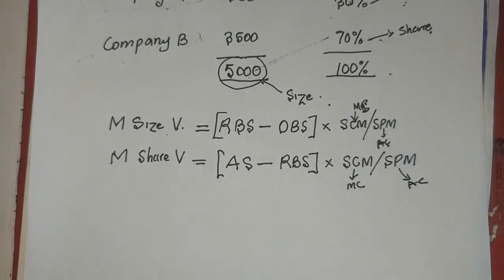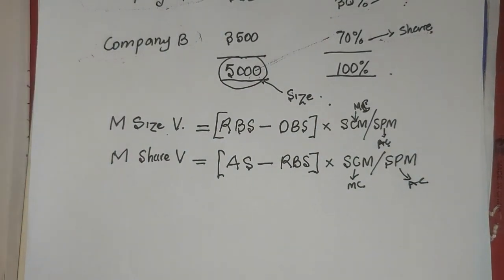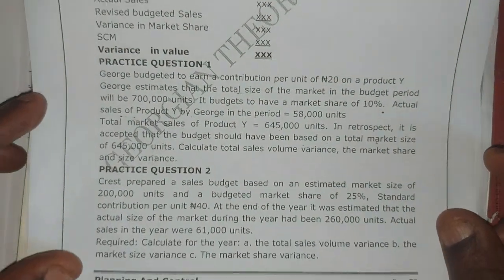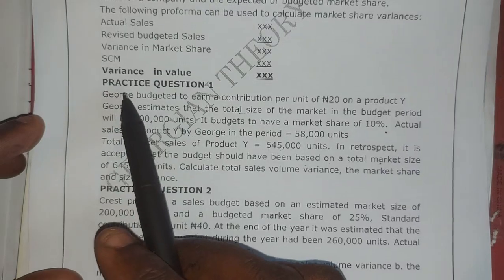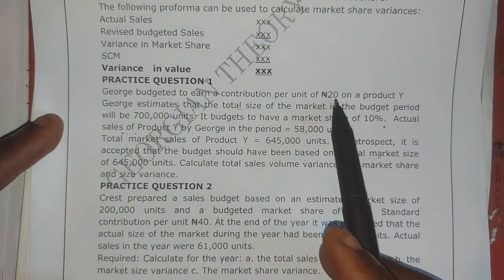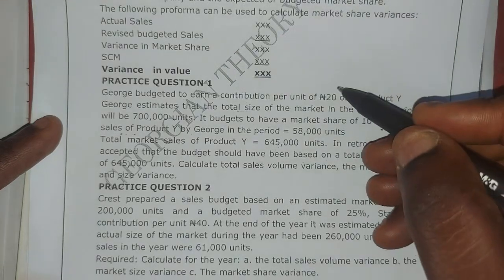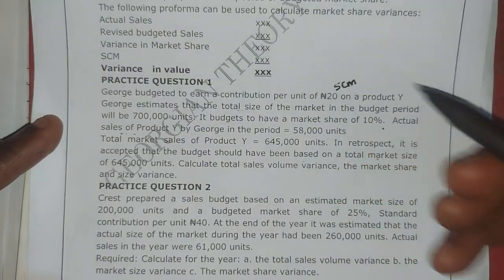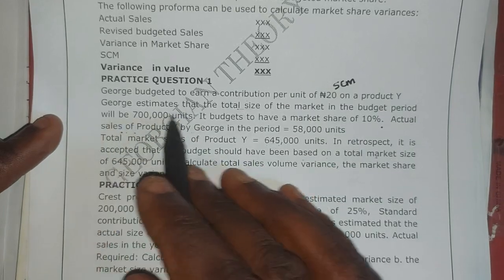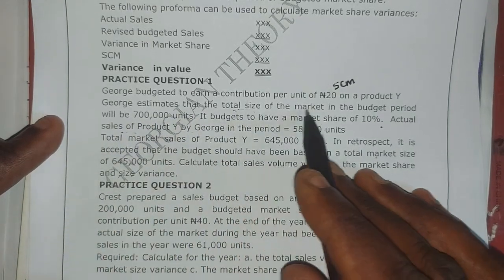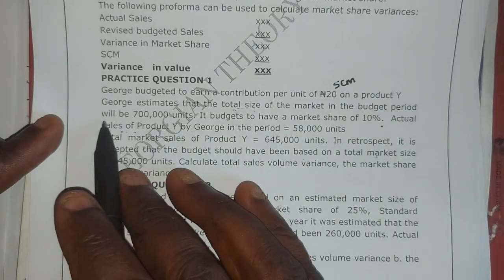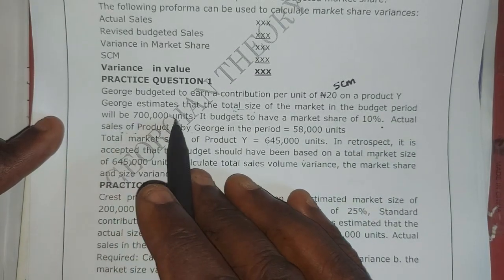Now, let's look at this practice question. The practice question says, George projected to earn a contribution per unit of 20 naira. That is the standard contribution margin of a product Y. George estimates, take notes, that the total size of the market in the budget period will be 700,000 units.